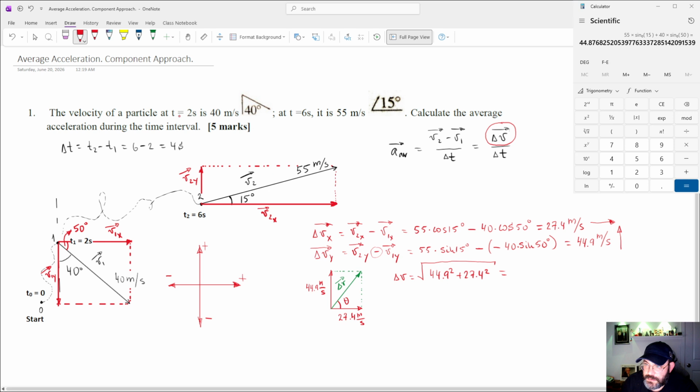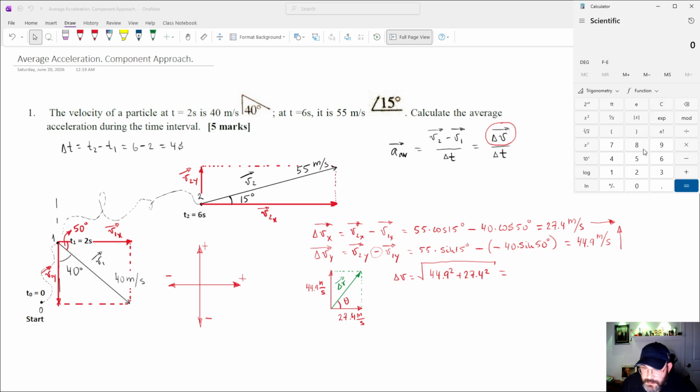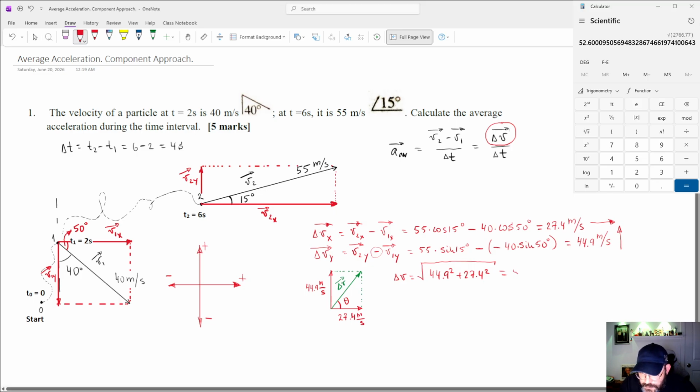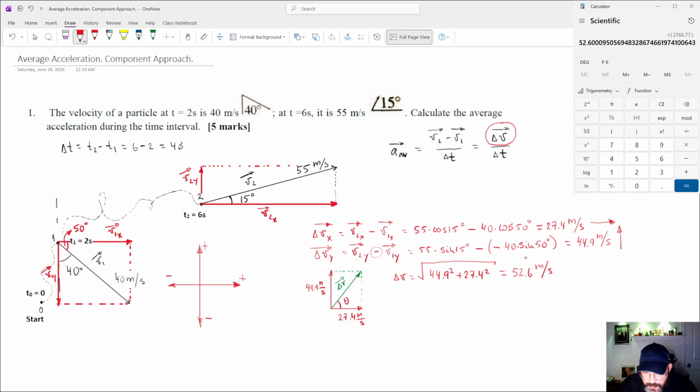Let's see how much that is. 44.9 squared plus 27.4 squared, and we take the square root of this, so 52.6 meters per second.